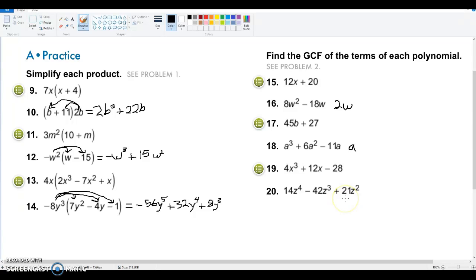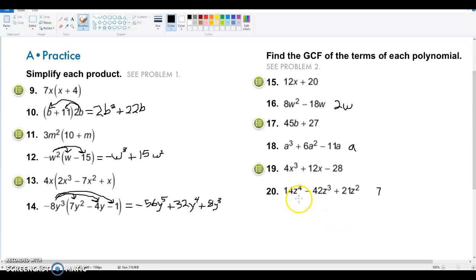Not divisible by 5, because nothing ends in a 5 or a 0, so let's try our next prime, which would be 7. 14 divided by 7 is 2. 42 divided by 7, 6 times 7 is 42. 21 divided by 7, 3 times 7 is 21. So we've got a 7 in everything. Okay, now let's look at our variable.